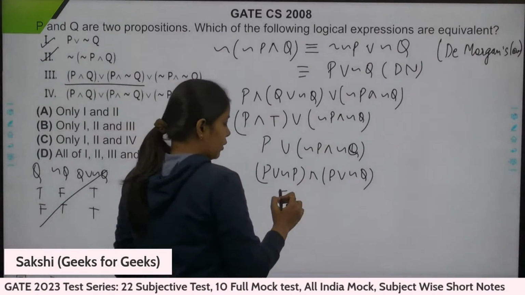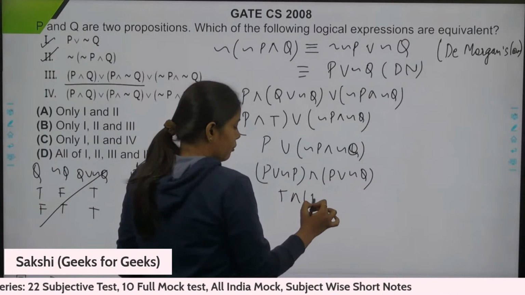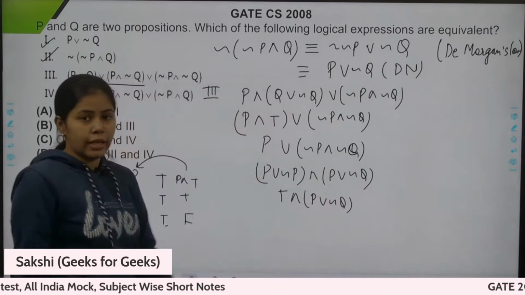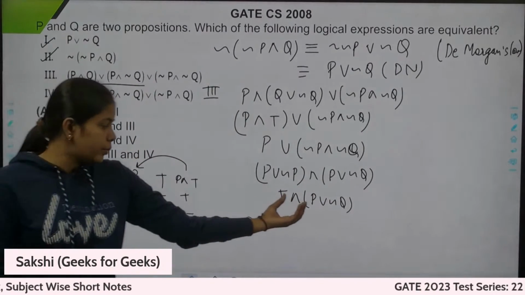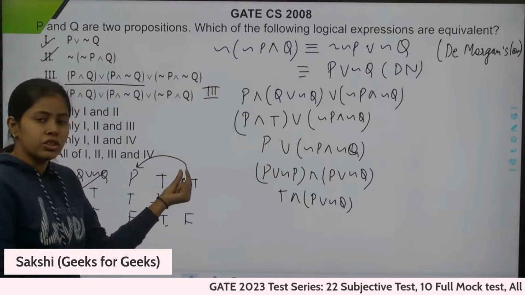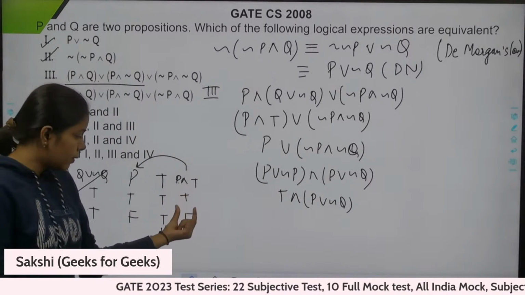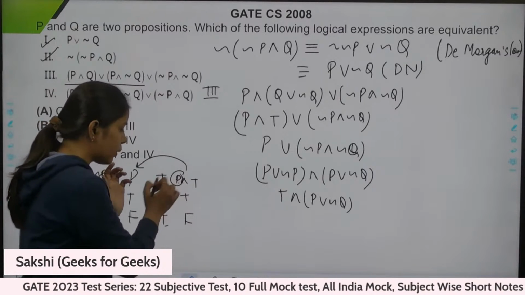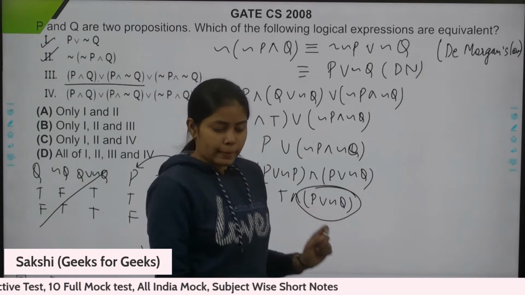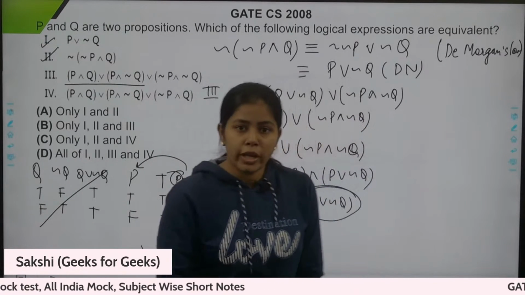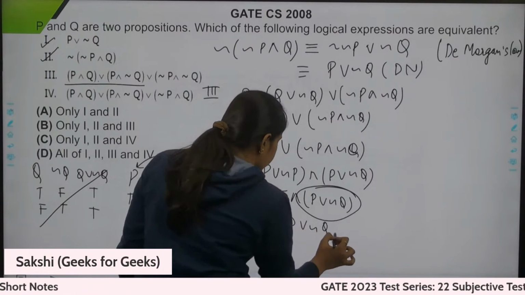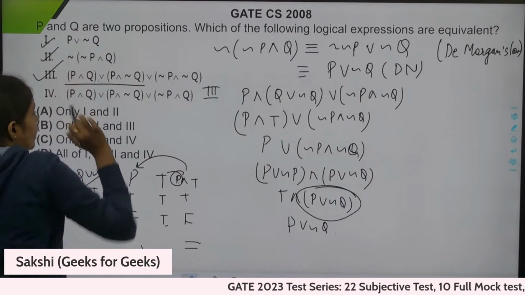So I get true and P or negation Q. Now if I take true and with any proposition, it will always give the proposition itself. T doesn't matter here. So I'll get P or negation Q. This is nothing but my first statement. So this is also equivalent.